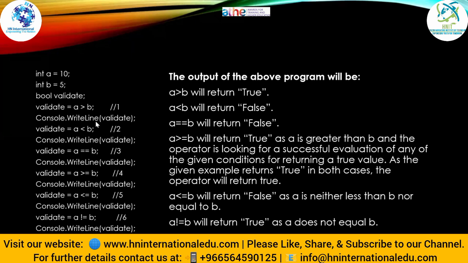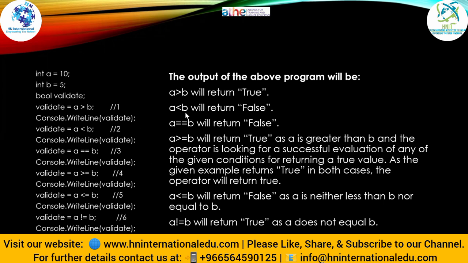So the next thing is it will check whether a is greater than b, a is less than b, a is equal to b, a is greater than or equal to b, a is less than or equal to b, or a is not equal to b. You will check them all. Console.WriteLine is basically a statement which helps you to write on the screen and it will display the results after it.